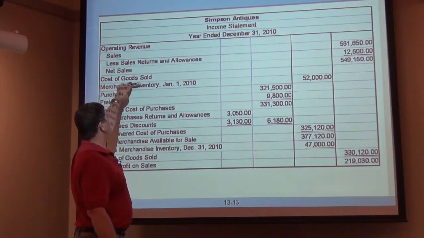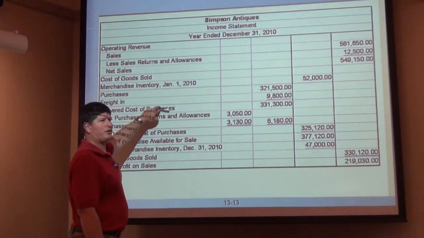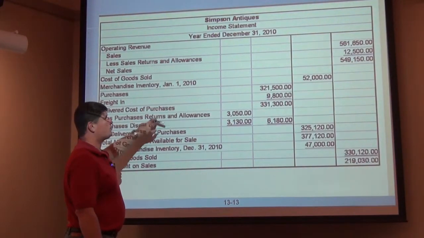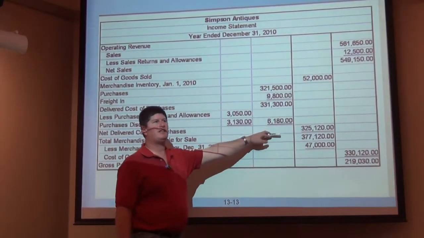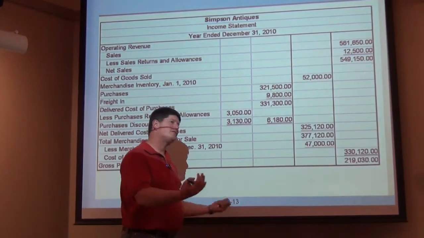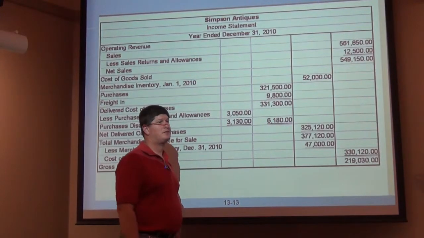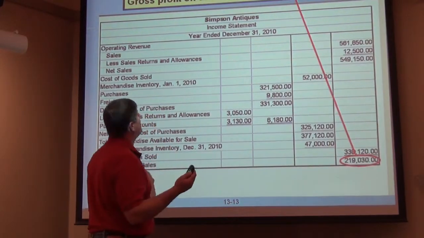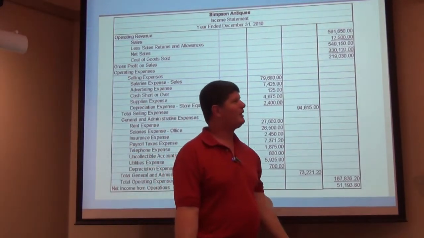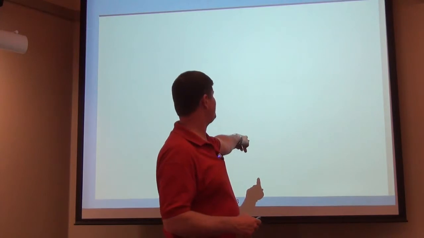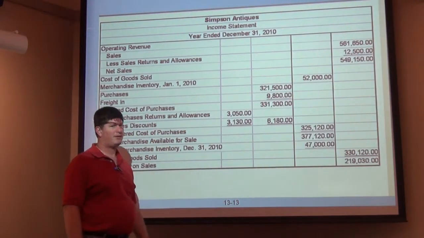Cost of goods sold is your beginning inventory plus the stuff you bought into the company, including the freight, less returns and allowances, less the inventory that was left at the end. And that's your cost of all the things that went out the door as part of your sales process. And then on this next slide, they cheat us because they shrink it all down to one line and they plug it in there. Makes it look like it goes away, but you really need to present it in its full-blown glory like we've done here. Okay?